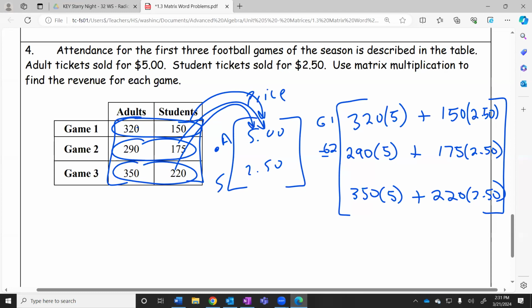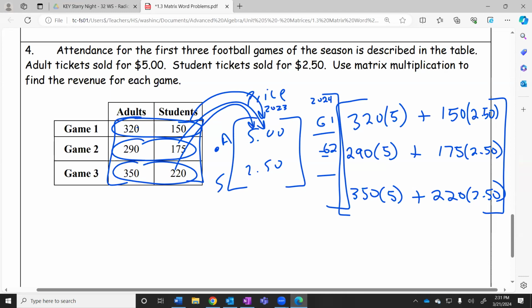Maybe this price was a 2023 price. What could we do? Well, we could just make another matrix here and put the 2024 price here and here, and then we could do the same thing for game 1, game 2, game 3 for year 2024. We could do 2025. We could just keep making more and more columns to our answer matrix.